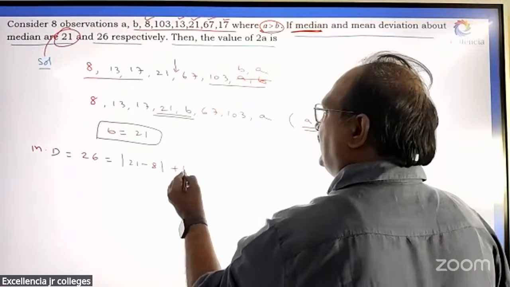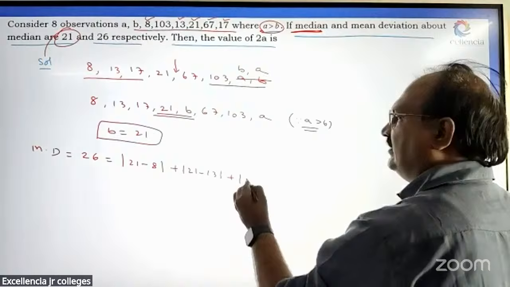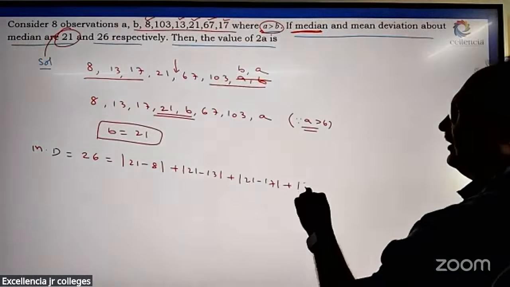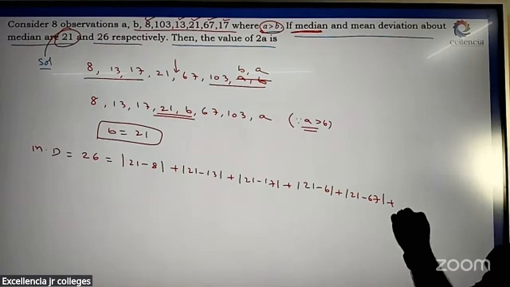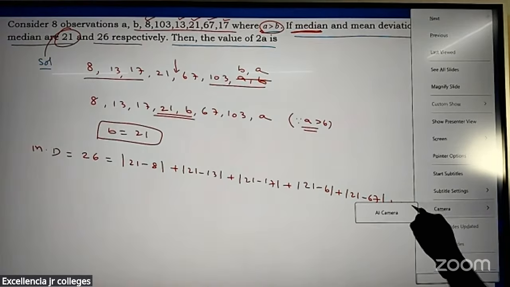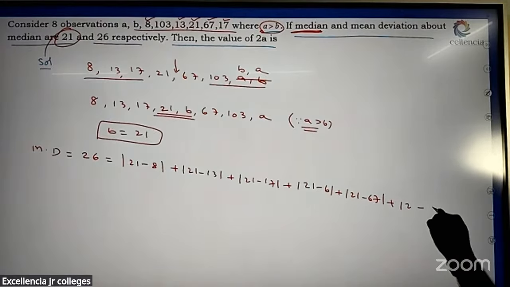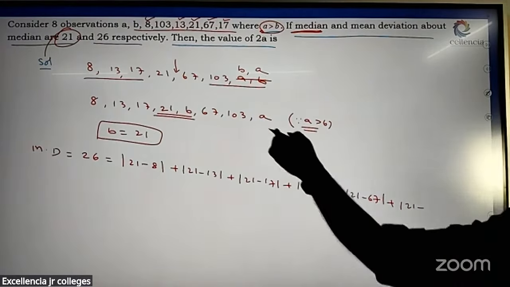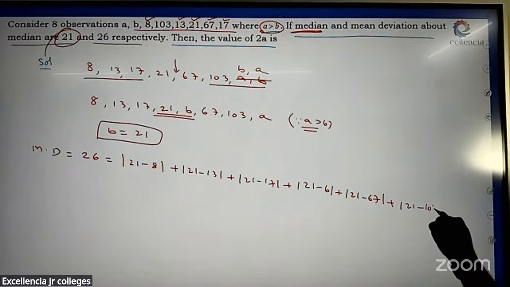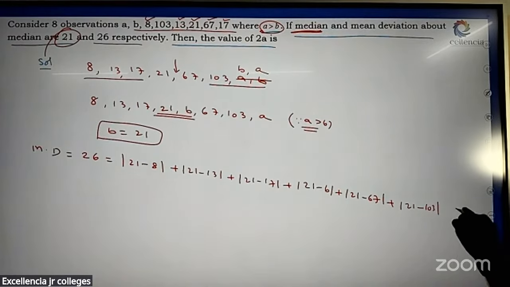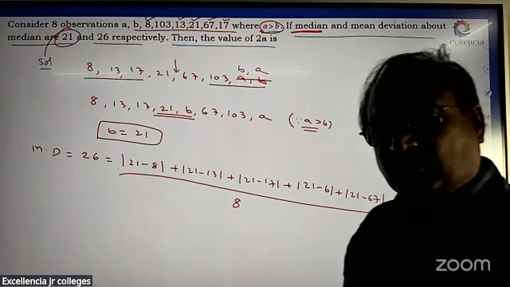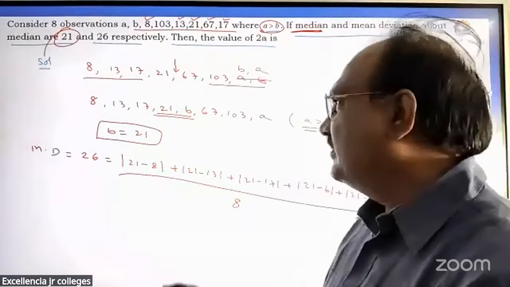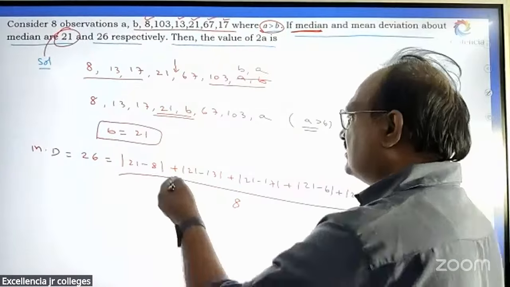Next, 21 minus 13. 21 minus 17. 21 minus 3. 21 minus 67. 21 minus 103, plus 21 minus 8, divided by 8. Sum of deviations with respect to mean, with respect to median. Median is 28. This is 26.